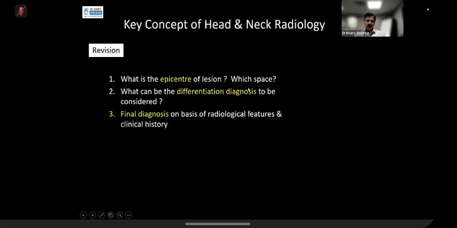Now, the key concept in head and neck radiology is that whenever you see a lesion, first of all, you have to understand what the epicenter of the lesion is. This is the key component. If you diagnose the epicenter correctly, 80% of the battle is won. And the epicenter will always be diagnosed on the basis of your anatomy.